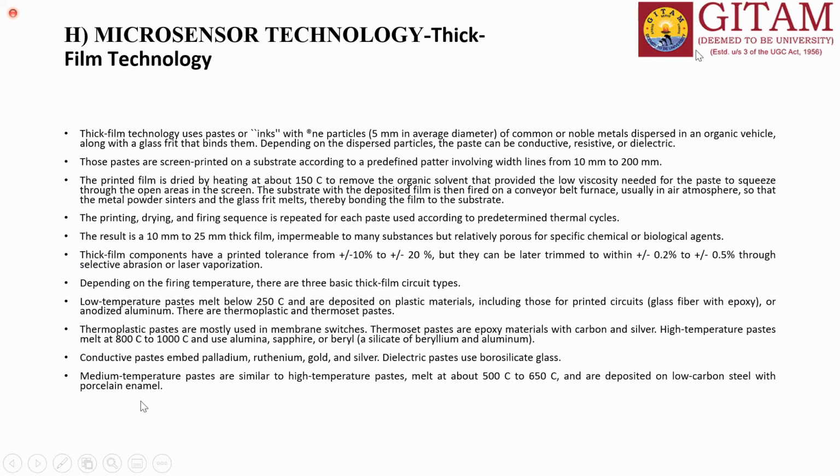The sensors which work between 500 and 650 degrees Celsius come under medium temperature phases. So here we have the thick film technology constructional features. Solar cell is an example of thick film technology.